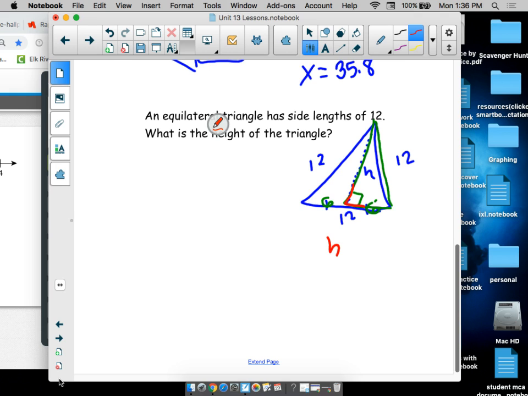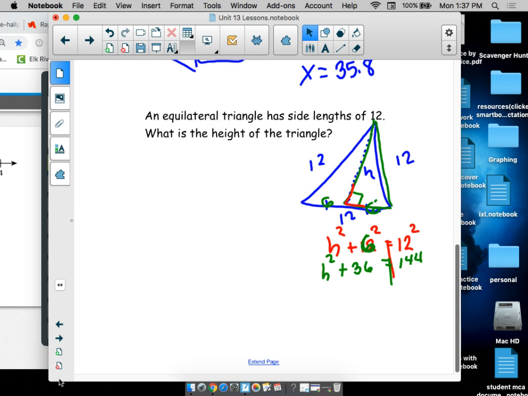So you can say h squared plus 6 squared equals 12 squared. Yes, thank you. So then h squared plus 36 equals 144.